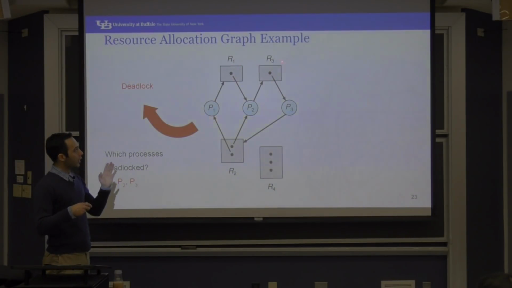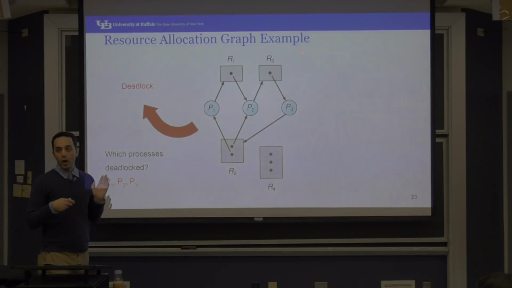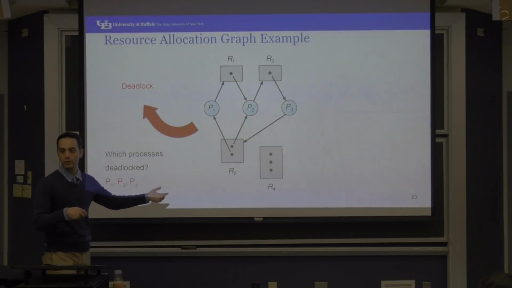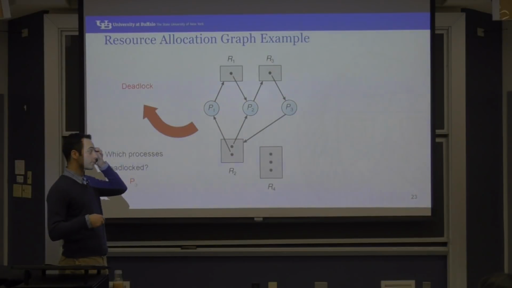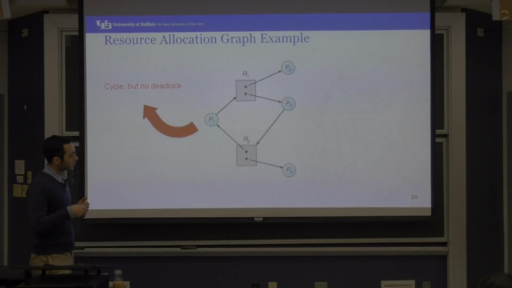Now, let's take a look at R1, R2, and R3. All of them are depleted at this point. They're allocated only to these processes. So there's no way that one instance of R2 can be released back into the system. In this example, it's the other way.